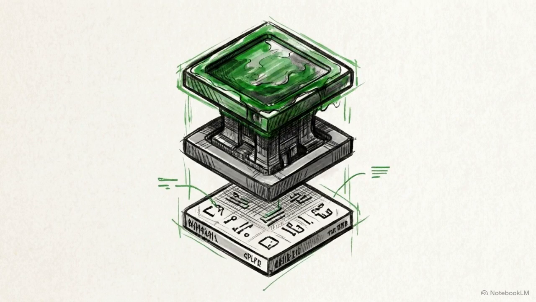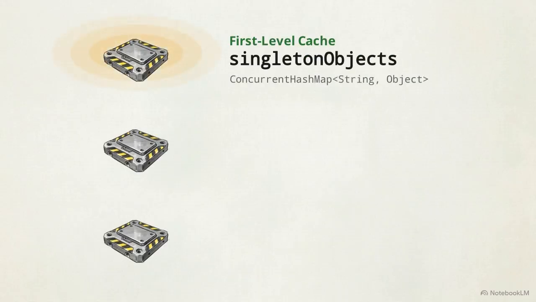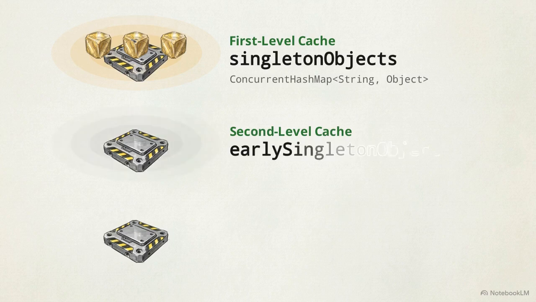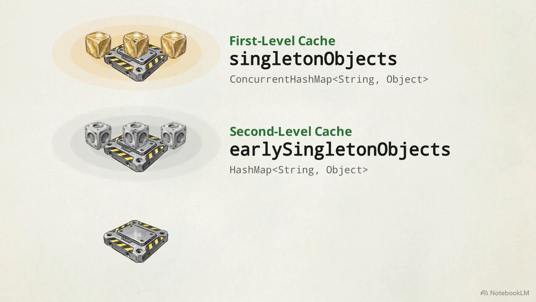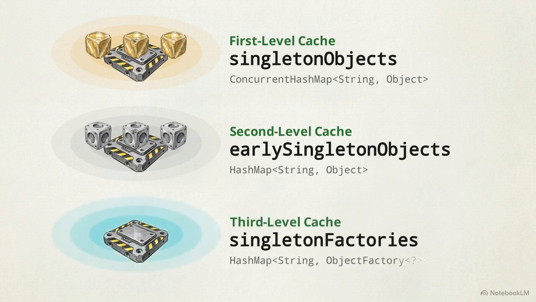To untangle these loops, the DefaultSingletonBeanRegistry employs a structured three-level cache architecture. The first level cache is singleton objects. This concurrent hash map stores fully initialized, production-ready singleton instances. The second level cache is early singleton objects. It stores raw instances that have executed their constructors, but have not yet undergone dependency injection or proxy wrapping.